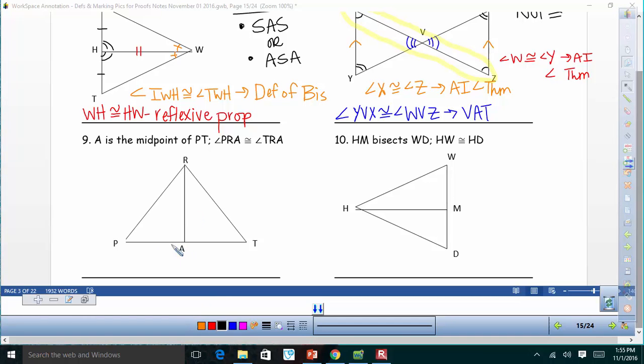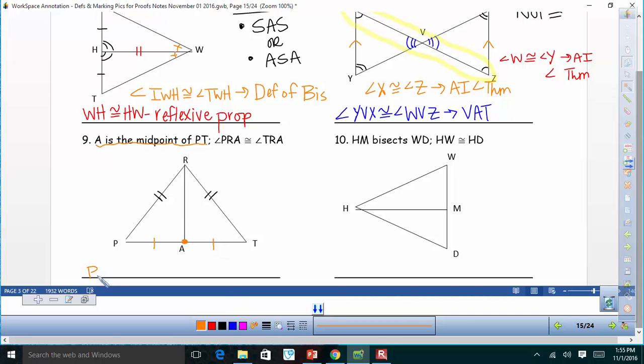So in number 9, it tells me that these two are congruent. Then it tells me A is the midpoint of PT. So if this is the midpoint, by midpoint definition, it means that this segment and this segment is congruent.